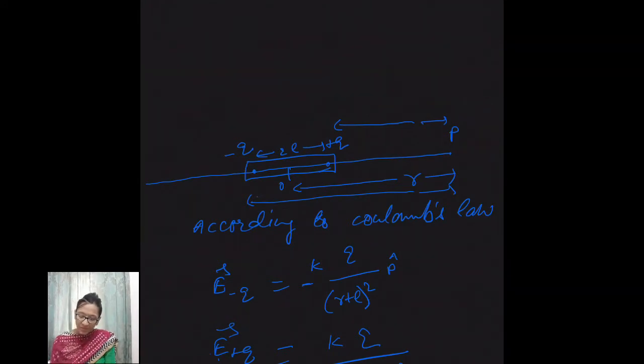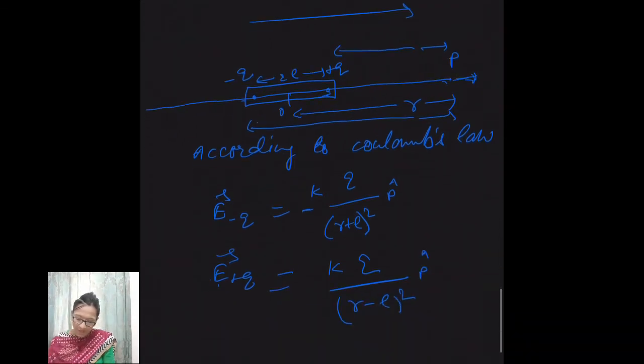And if you place a positive charge near this positive charge, it will be forced in outward direction, and this direction is same as direction of dipole moment, that is from negative charge to positive charge. So direction is same, so it will be plus P cap. So these are the two electric fields.